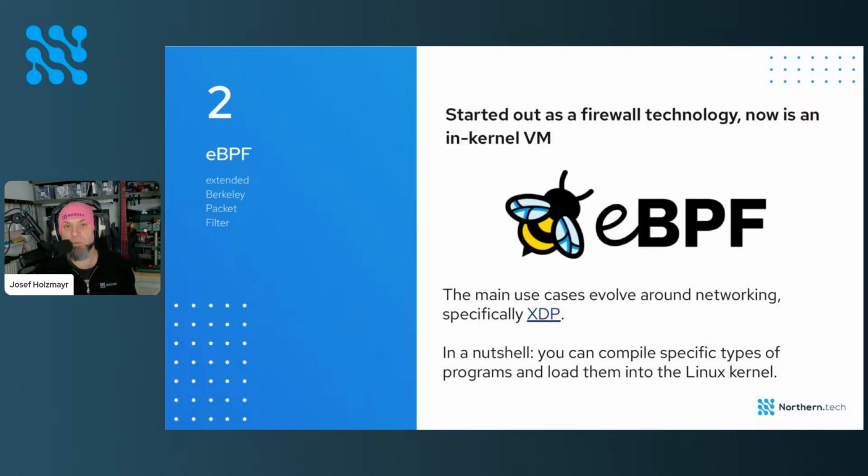The main use case, and why a lot of companies, and especially non-embedded companies, threw a lot of money onto eBPF, is obviously networking. And here it is XDP, the extreme data path. So this is logic implemented in eBPF, which enables the firewall logic, let's stick with it, to process a much larger number of packets on commodity hardware than you would be able to if you need the full networking stack.